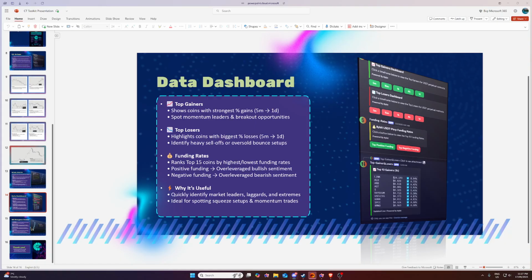We also have the top losers to identify the coins that have dropped the most in the particular time frame, and you can use those to identify unusually heavy sell-offs and try to trade an oversold bounce. So for instance, if there's negative news on a particular altcoin, you can identify it as it happens and see if you can catch a short-term reversal bounce setup.